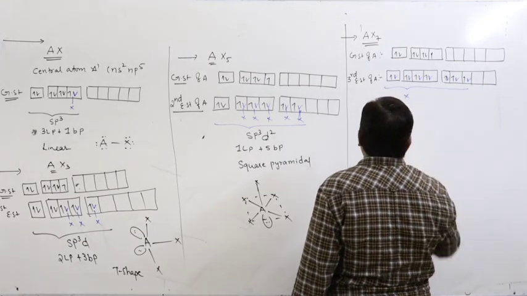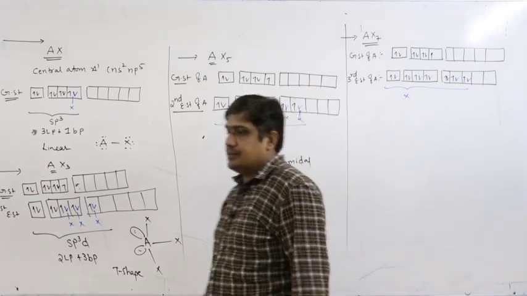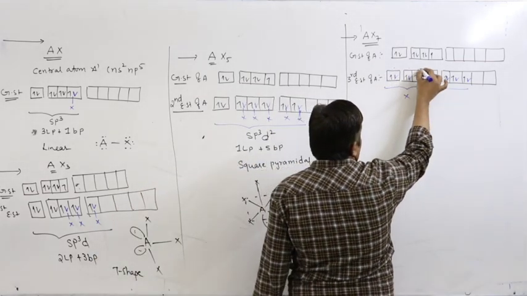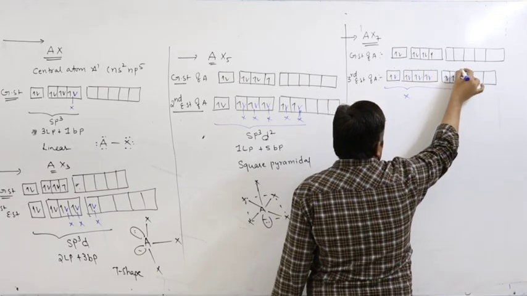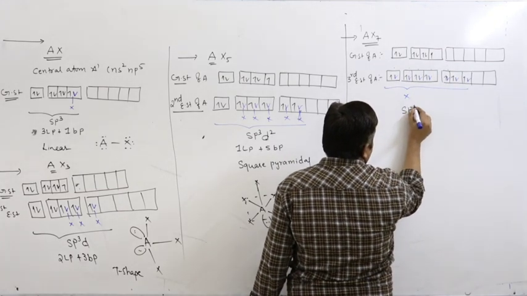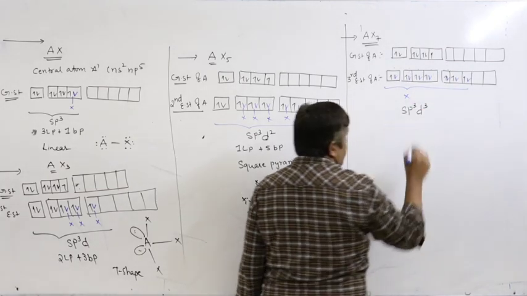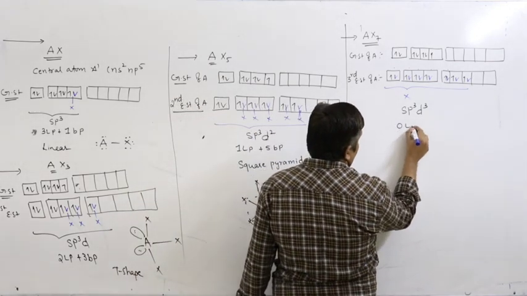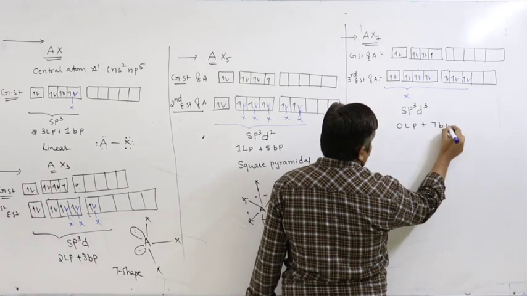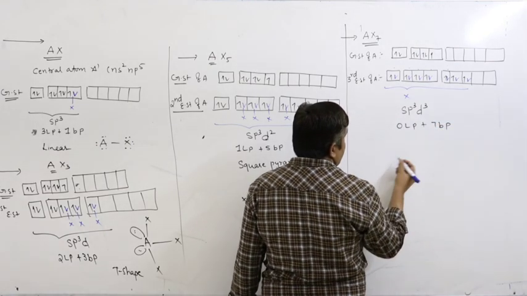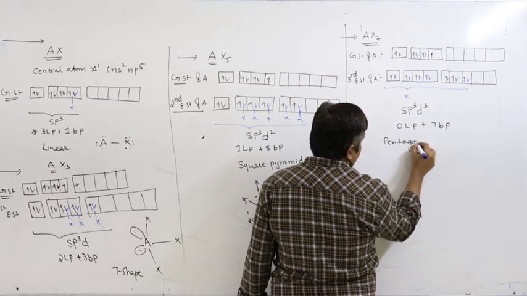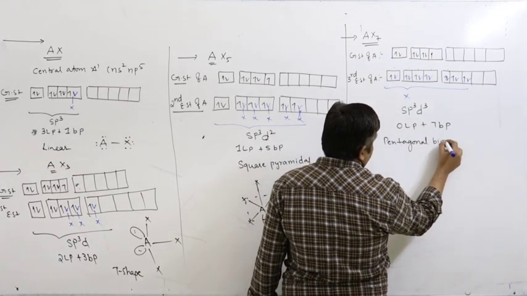So they are all bonded to 7 halogens. What is the hybridization? s, p, p, p, d, d, d: sp3d3. 7 bond pairs, 0 lone pairs. So you will get pentagonal bipyramidal.